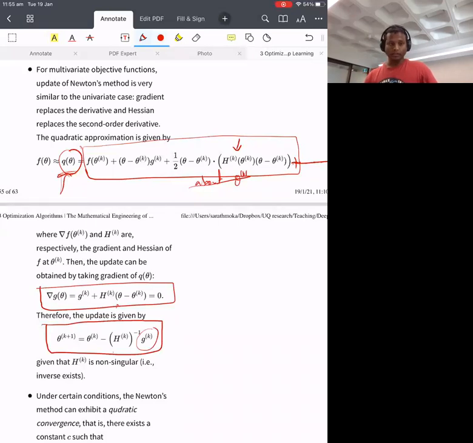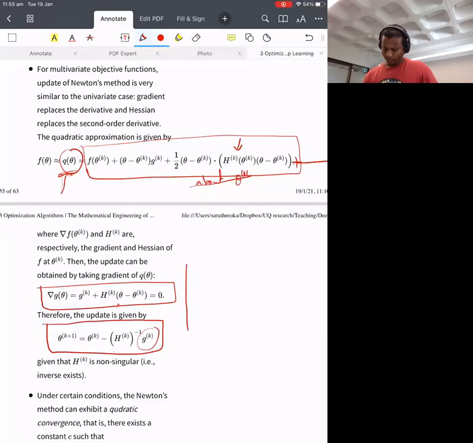Because I think yesterday someone asked, was that Rahul or someone? Rohan, I guess, about the complexity of a matrix inverse. If it is non-singular, and because it's a symmetric matrix, and this is the size of H, to take the inverse of this the complexity is order of n cube.